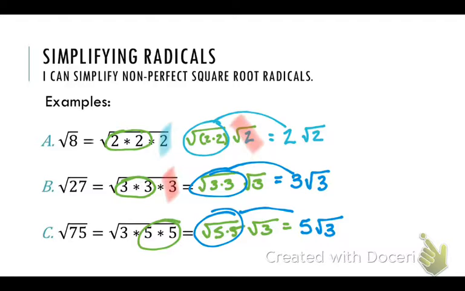You might be able to start to see this pattern: every time I take a pair, like up here in example A, and I times that pair together, and then I take the square root of that pair, I come out with one of those numbers. So you see that the square root of 2 times 2 equals 2. The square root of 3 times 3 equals 3.